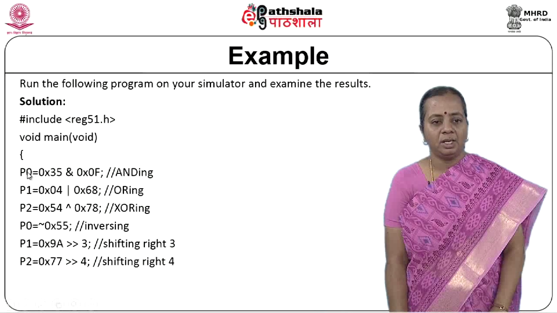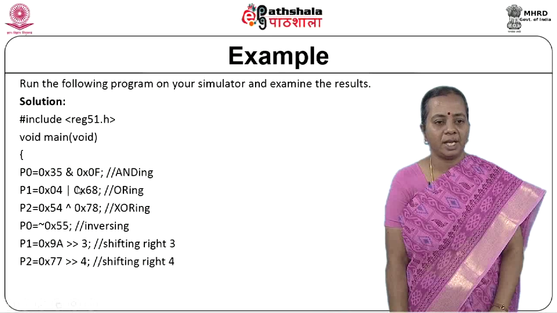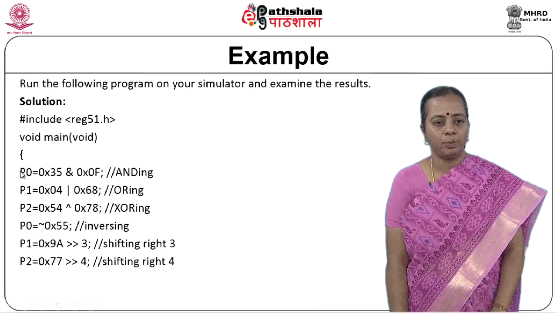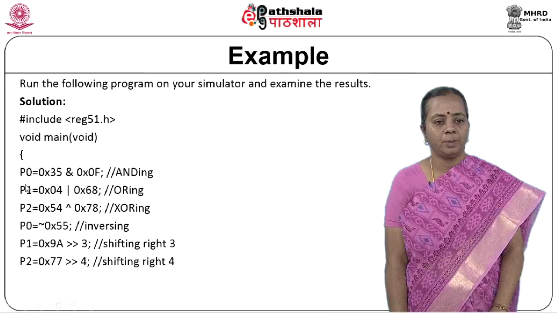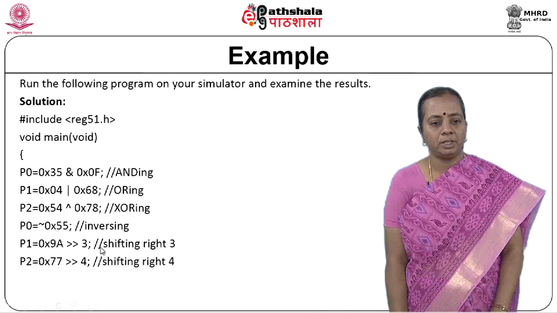We are using these ports as output ports, and the logical operations can be written as an expression, and the result will be pushed to the output ports like P0, P1 and P2. If I want to invert it, take 0x55; 55 is inverted so that AA will be there, which will be given to your P0. This value is shifted right by 3 positions and given at P1.